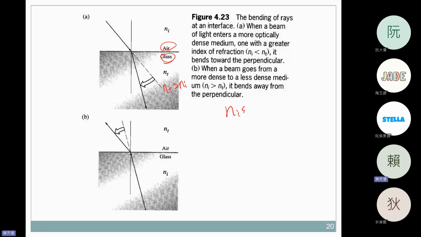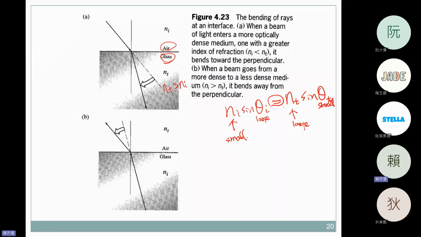We know that Ni sine theta I equals Nt sine theta T. So if your Nt is large and the Ni is small, to make the equation hold, your theta I must be large and theta T must be small, right?